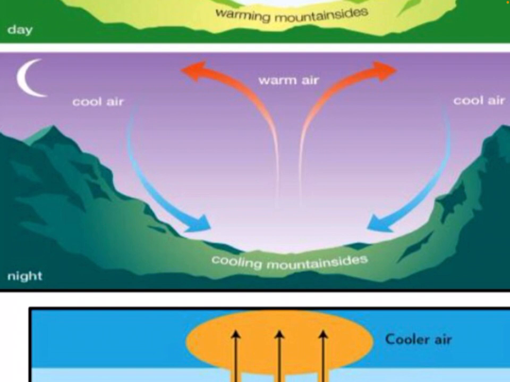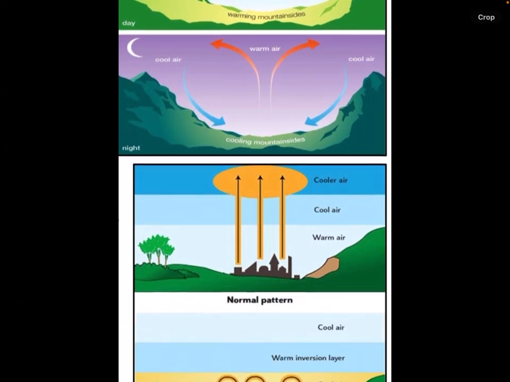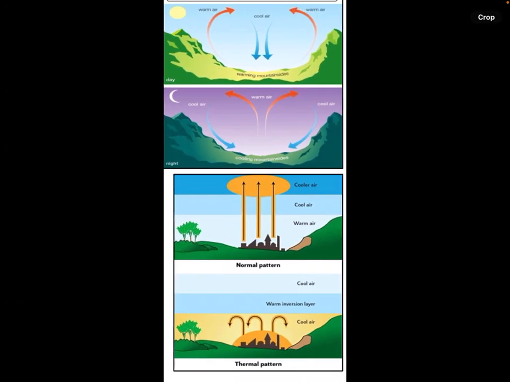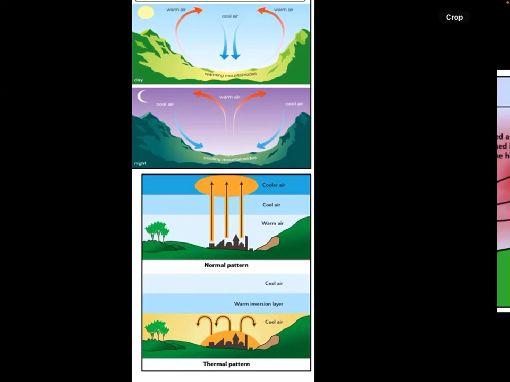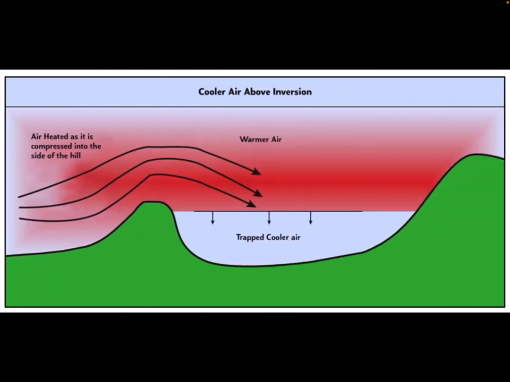That's why inversion occurs. From the valley's bottom to the top of the mountain, with increasing altitude, there is increasing temperature, which is called temperature inversion. So this is the phenomenon of mountain valley inversion.